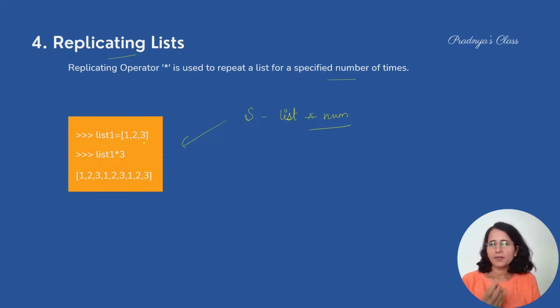So let's consider one example. Here is a list and I am multiplying it with 3. So the elements of the list will get repeated 3 times. This is the first time it got repeated, this is the second time, and this is the third time. So we saw the replication of the list. It is just like a string.